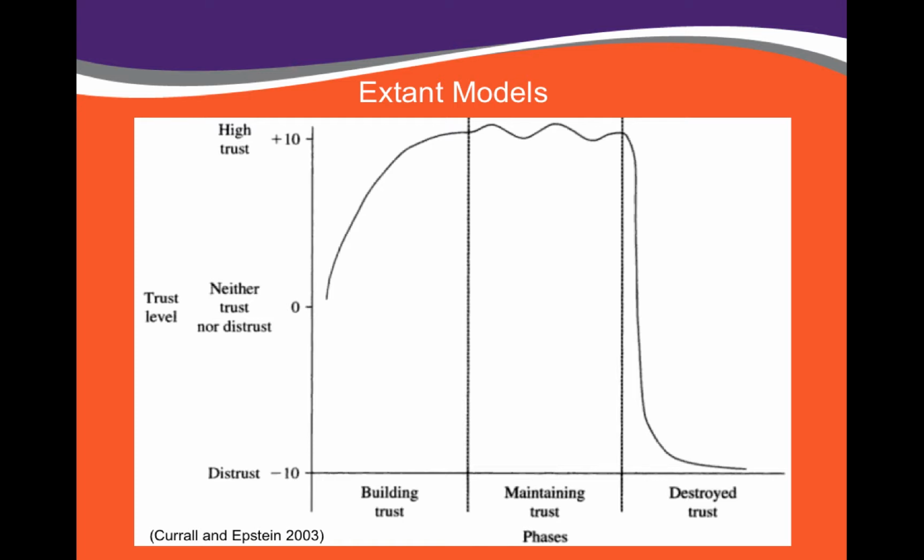As you build that relationship and you build that trust, you start to gain a high amount of trust. As you can see, maintaining trust, in this diagram, it sort of shows that it does have its ups and downs. But there's definitely a fallout when there is destroyed trust. So when something happens in a relationship where trust is lost, it's very difficult to get it back.